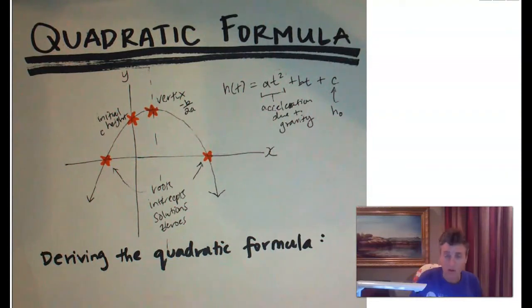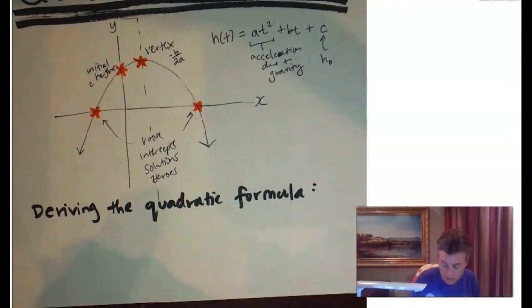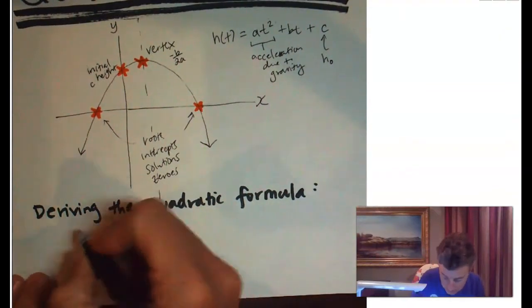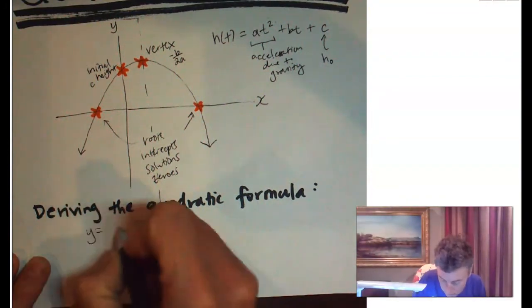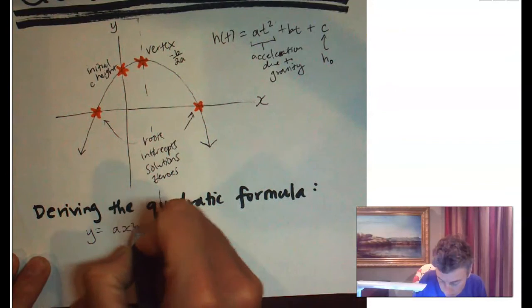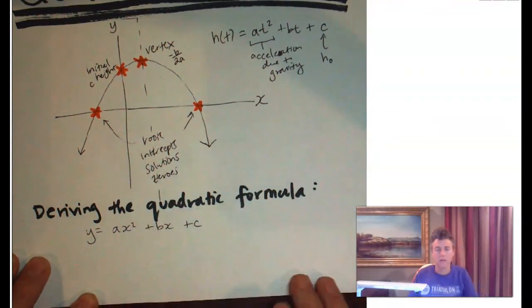Okay. So we're going to take our standard form of a quadratic, being y equals ax squared plus bx plus c.